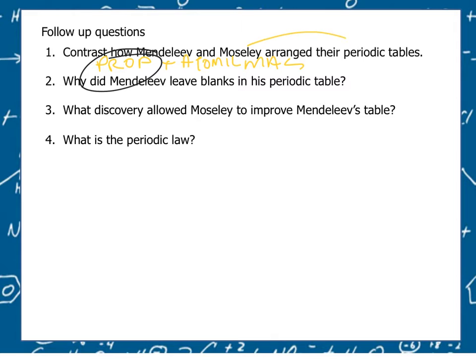And then Moseley, protons been discovered, and he puts them in order of atomic number. The blanks, undiscovered elements. And you've got to have the proton to put them in order. And so that's the end of our history lesson.